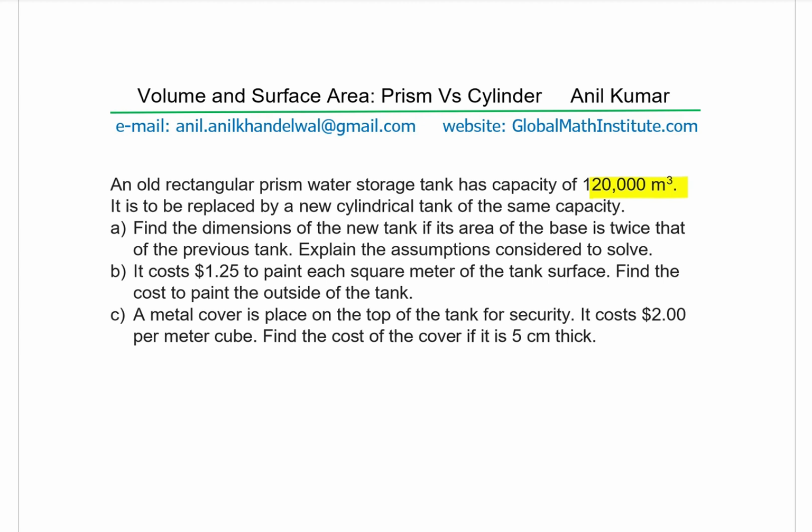And since we assume the area of the base to be square, we are saying the area of the base is 50 by 50 meters square. So 2500 meters square. Now, the question here is, find the dimensions of the new tank if its area of the base is twice that of the previous tank.